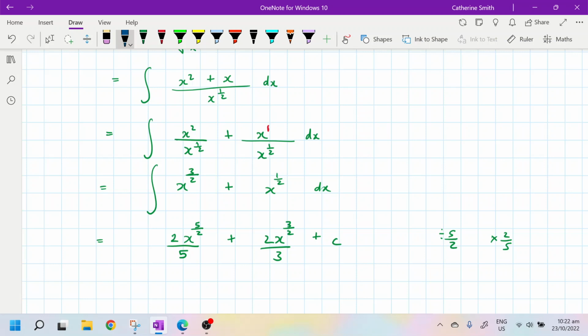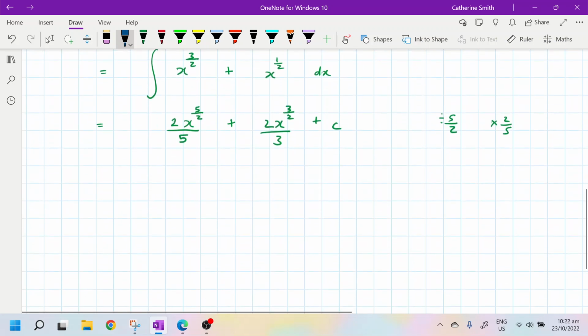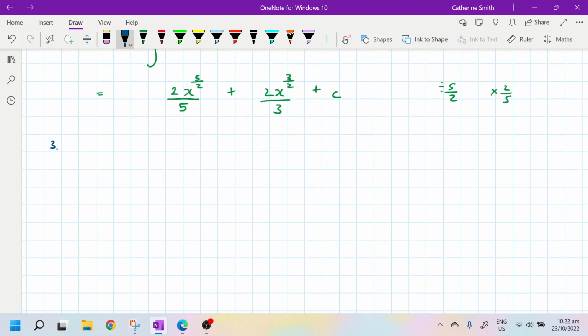The third thing to look for is the top line and the bottom line, the numerator and the denominator, being linear functions.